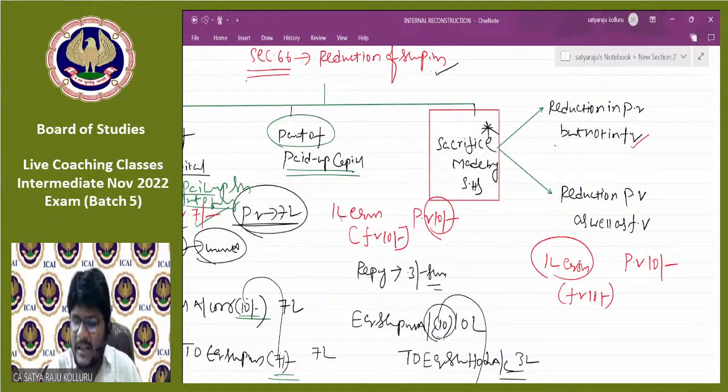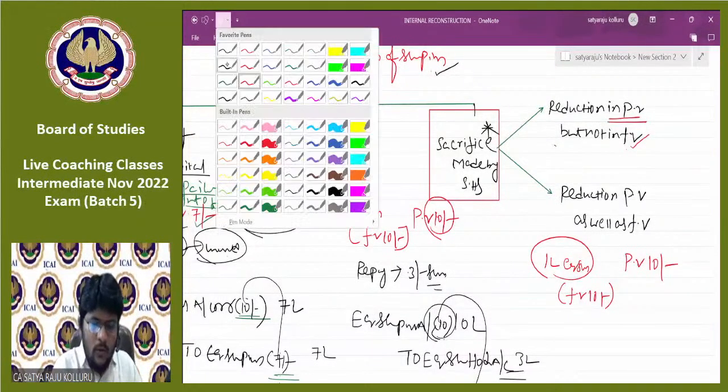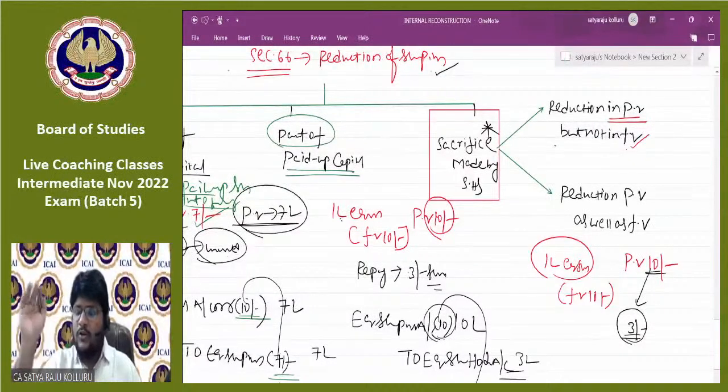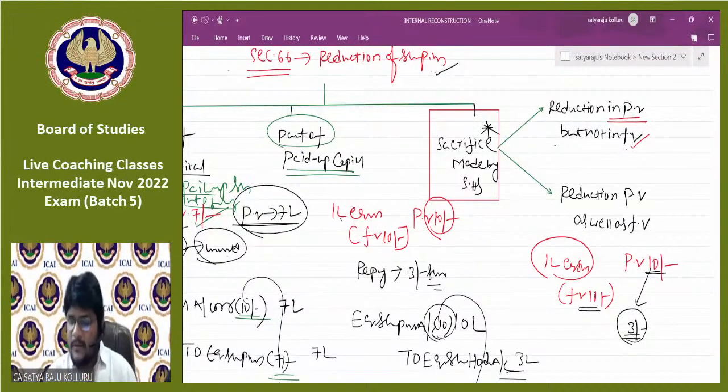There is a reduction in paid up value, but not in face value. Now, shareholders are ready to sacrifice 3 rupees per share out of 10 rupees. But still shareholders agreed that we continue the face value at 10 rupees only.